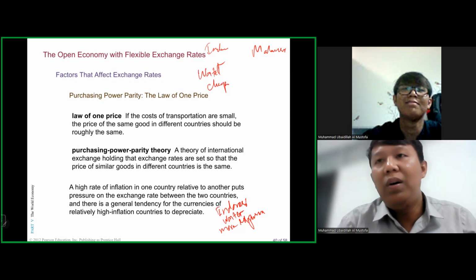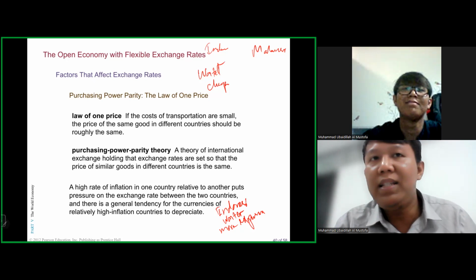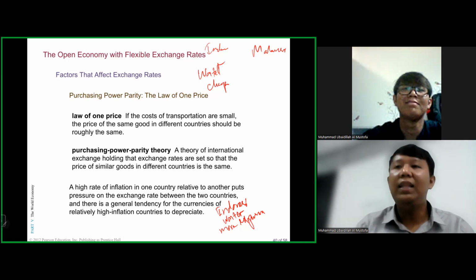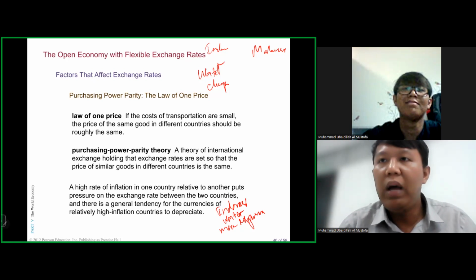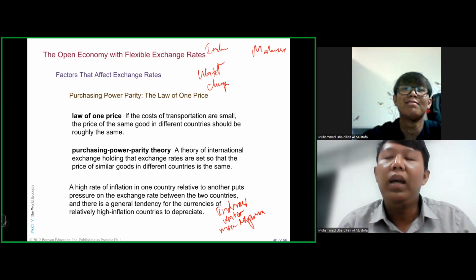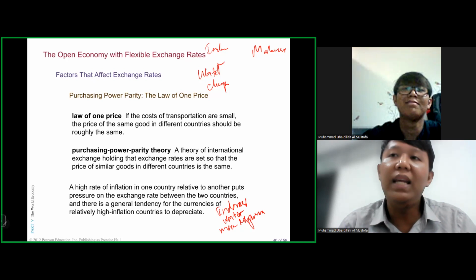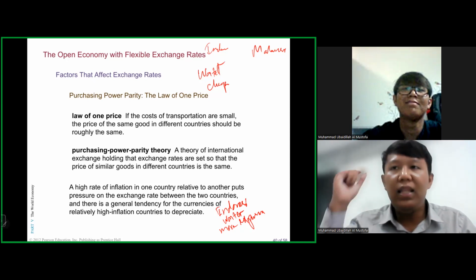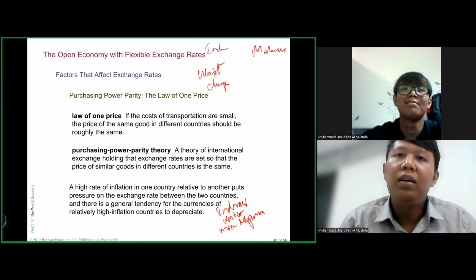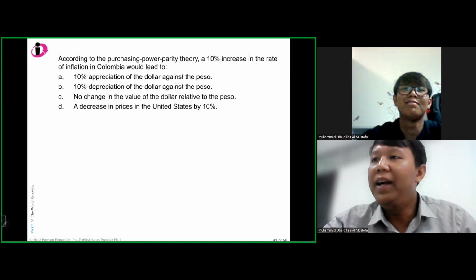So here the law of one price and purchasing power parity is a very important theory which explains the rationale behind the movement of exchange rates.